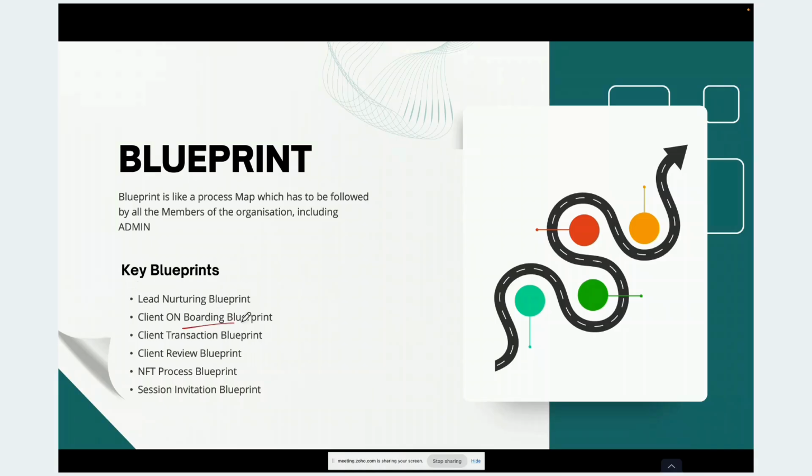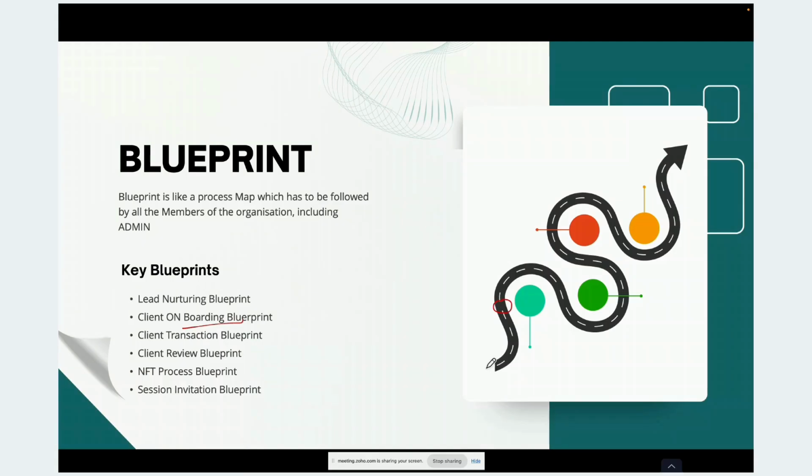We have a client onboarding blueprint, that is, what is to be done after this, what is to be done after that: after KYC is checked, then IN is created, then the proposal has to be sent, the proposal has to be accepted, then the link has to be sent, the link has to be accepted, payment to be made, XYZ. So there is a blueprint. Now, every blueprint has to be marked.